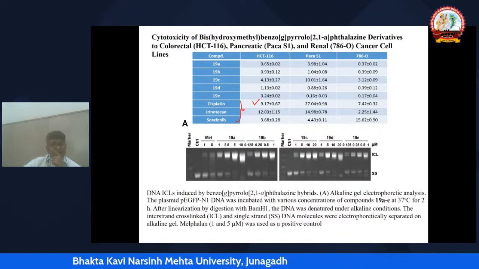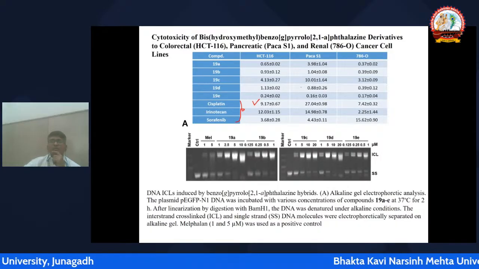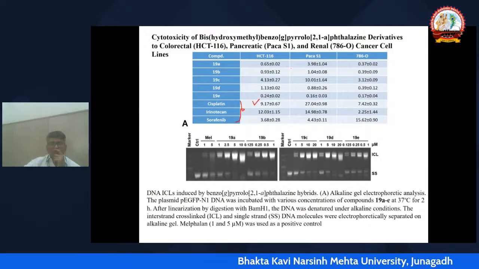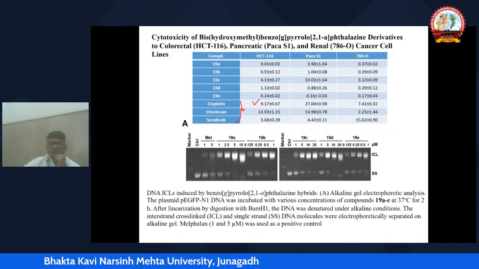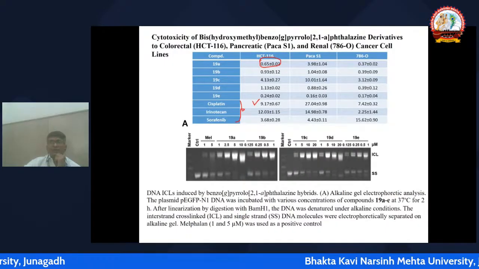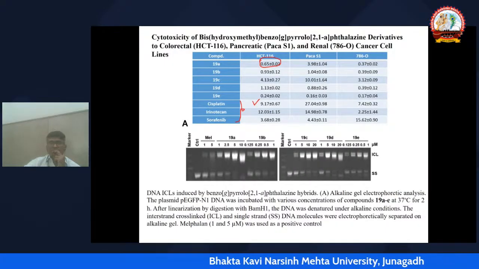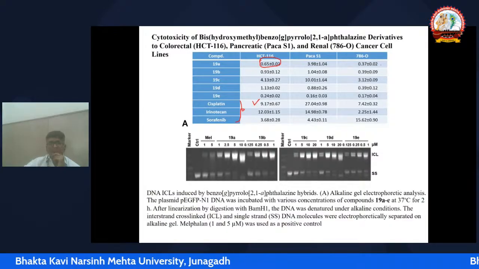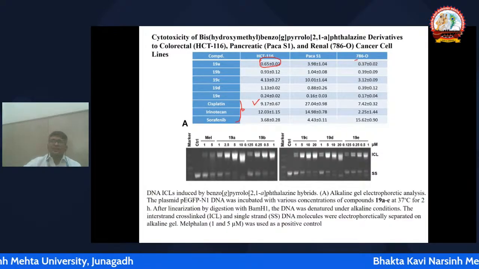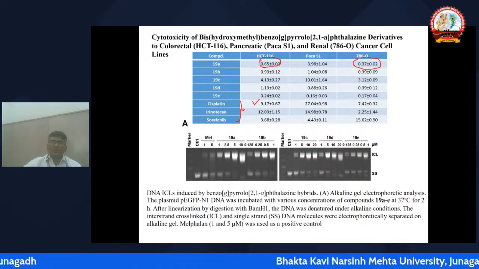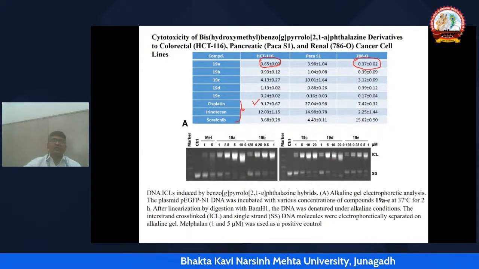So we can see in the IC50 values that it shows very promising biological activity in the micromolar range. We can see that 19A gives 0.65 micromolar in the colorectal cancer cell line HCT116, and it gives 0.37 micromolar in 7864, the renal cancer cell line.